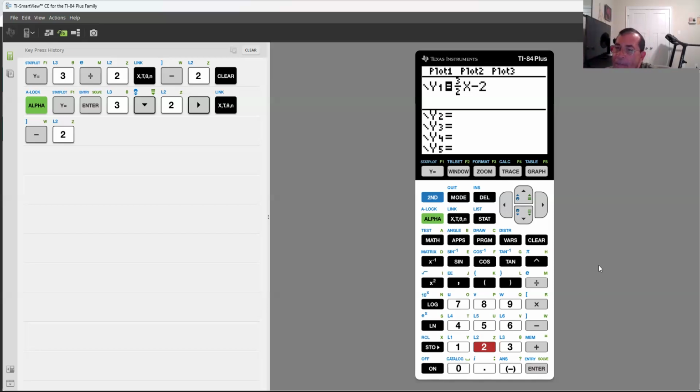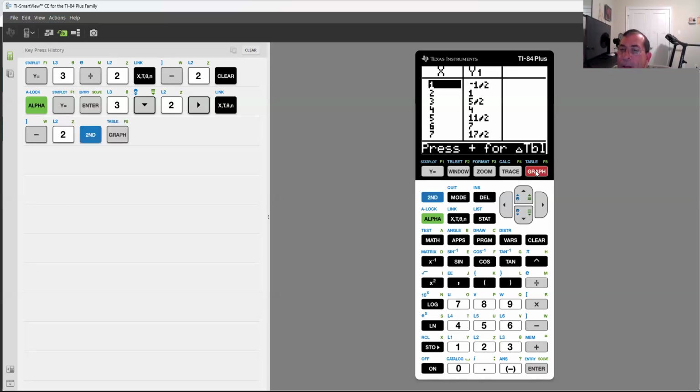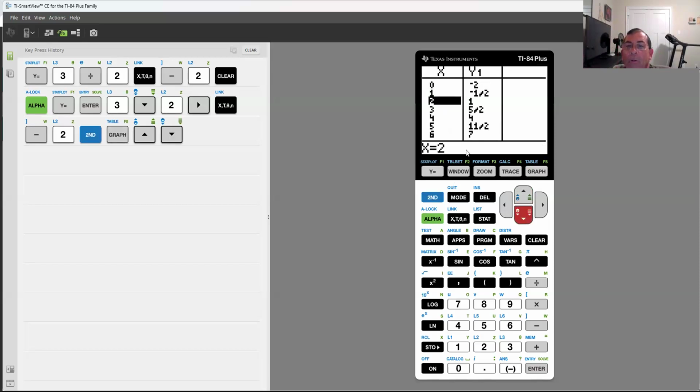Now, before I graph it, I'm going to show you the table that you can use to plot from. So you see the graph button above it, it says table in blue. If I hit the blue second button and then the graph button, it'll pull up my table. So let me see. My first point I used was 0. And y'all look at that. There's 0, -2. That was a point I picked. And I picked 2 for an x. Well, at 2, we got a 1 just like we had.